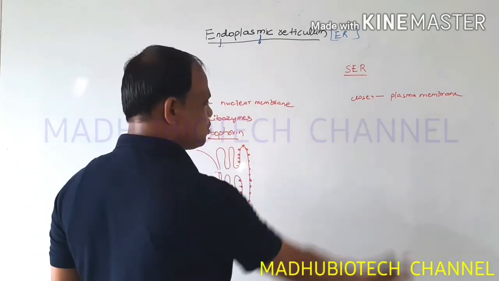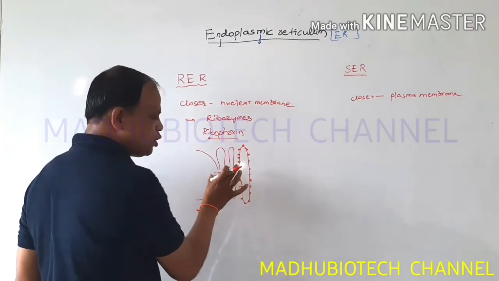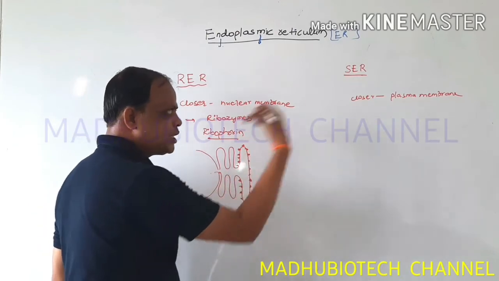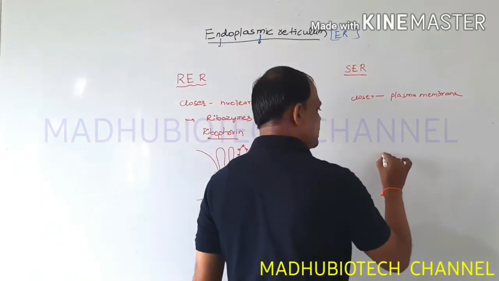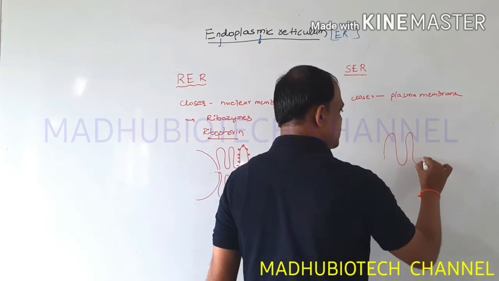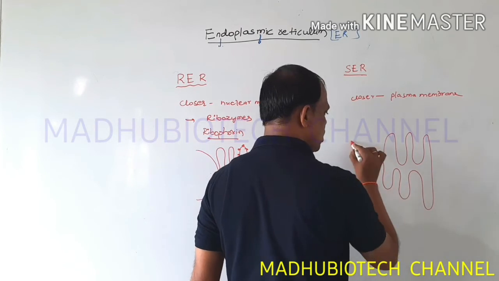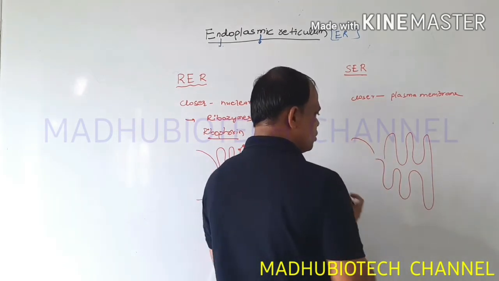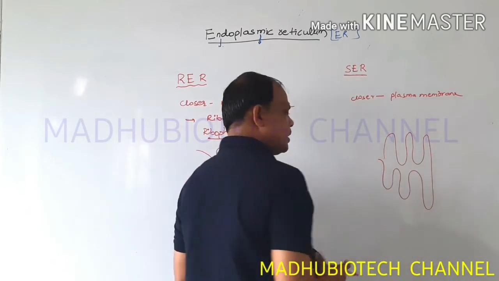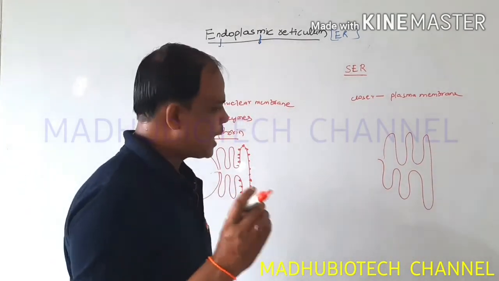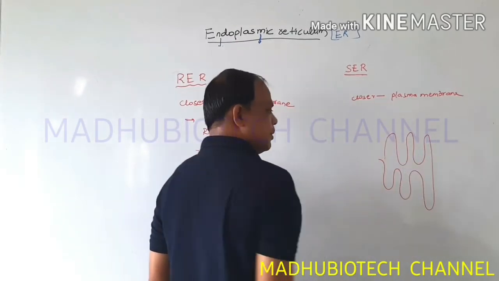And the smooth endoplasmic reticulum is developed from the rough endoplasmic reticulum. In the smooth endoplasmic reticulum, there are no ribosomes attached, and no ribophorin receptors are present.